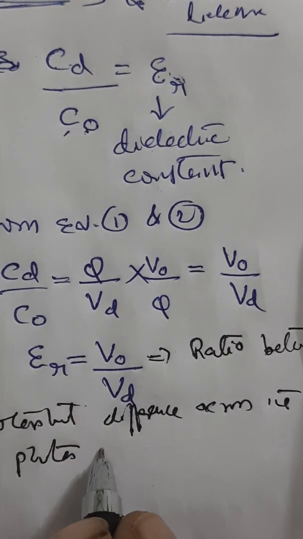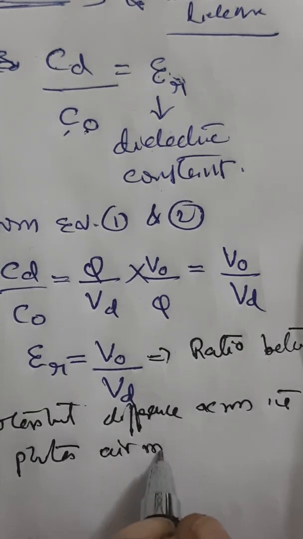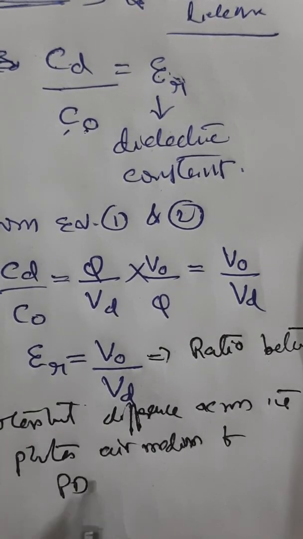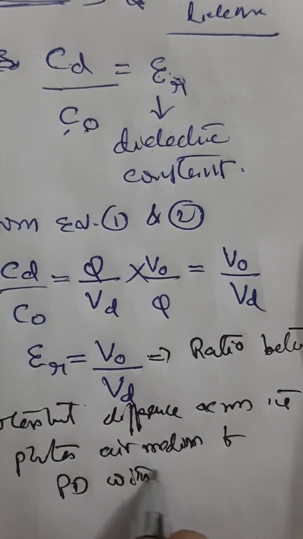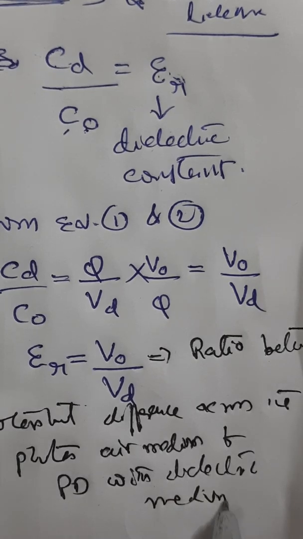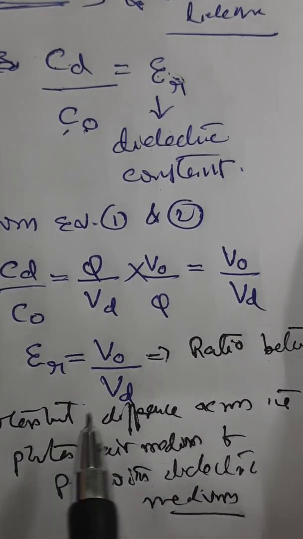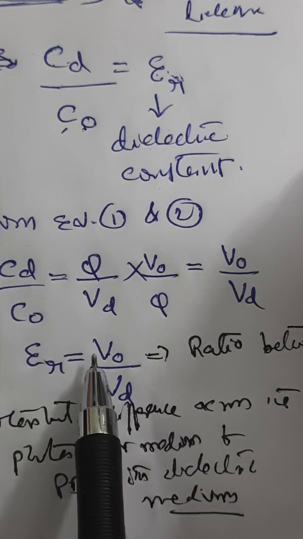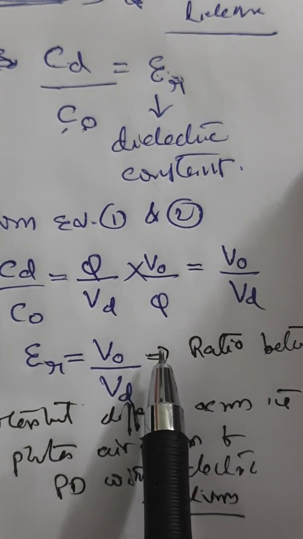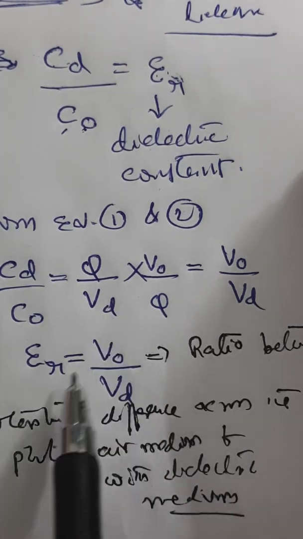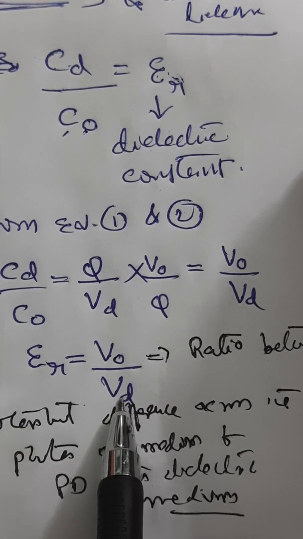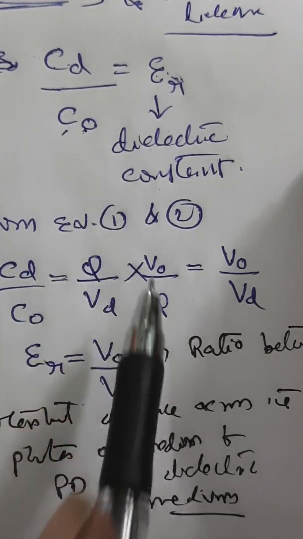Potential difference with air medium to PD with dielectric medium. So now you can define dielectric constant as the ratio between the potential difference across the plates with air medium to potential difference with dielectric medium. This is using that equation.